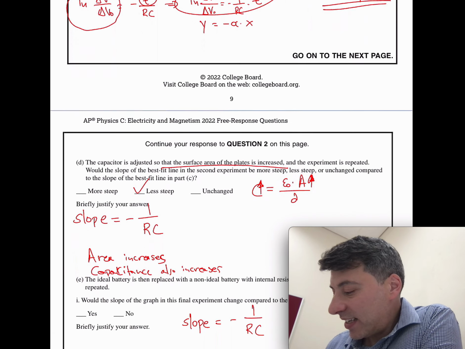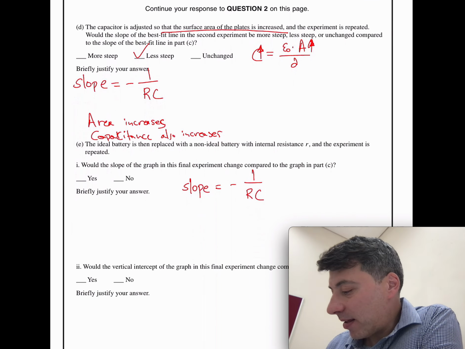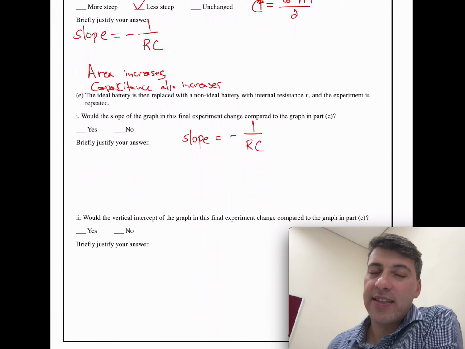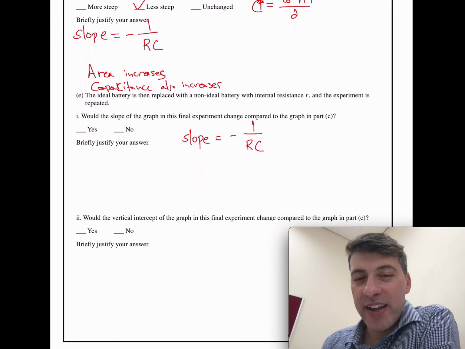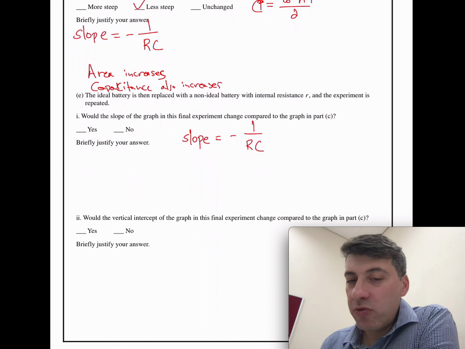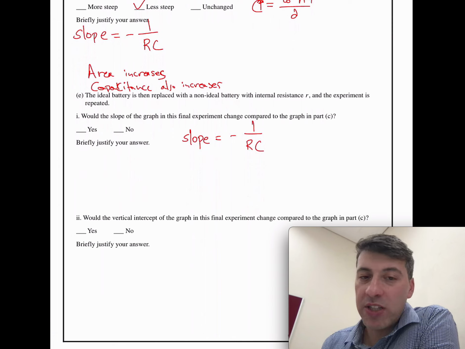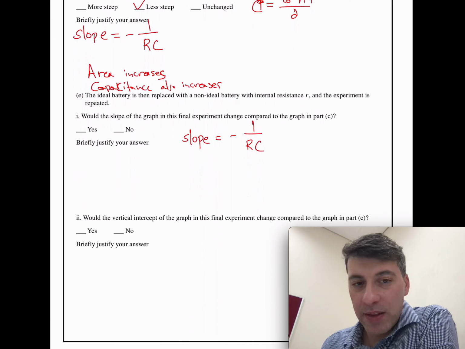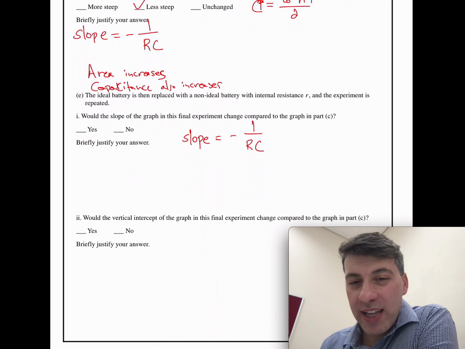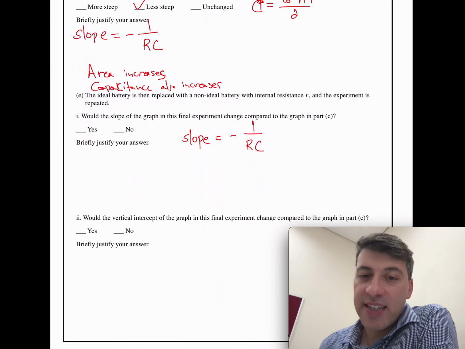So it doesn't matter, although the internal resistance of the battery will affect the charge on the capacitor, this will have nothing to do with the way that the capacitor discharges. So the way that the capacitor discharges is only affected by the resistor.